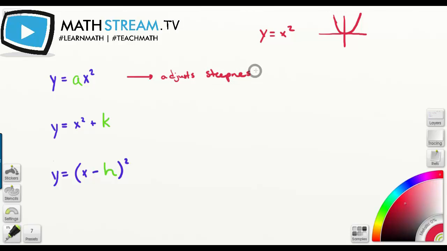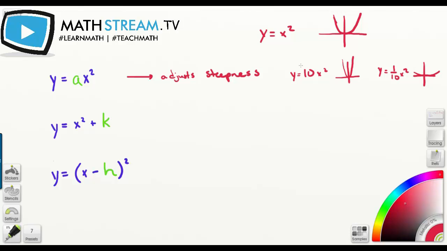So for instance, if it was something like y equals 10x squared, our graph would get really narrow because it'd be growing really quickly. On the other hand, if I had something like y equals 1/10 x squared, it would grow really slowly, which would make it look wide and flat, like somebody stepped on it.